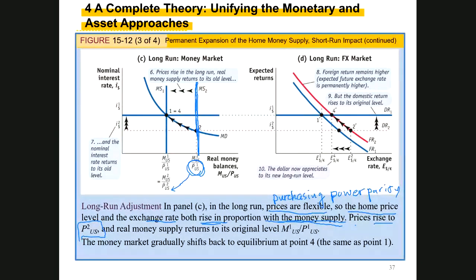Since my price will adjust, everything will go back to the original equilibrium. So the nominal interest rate will go back, and the real money supply will go back to the original level simply because the price adjusts in the long run.